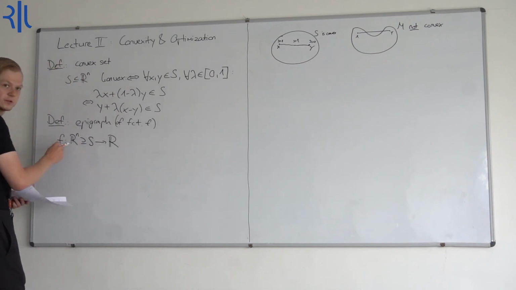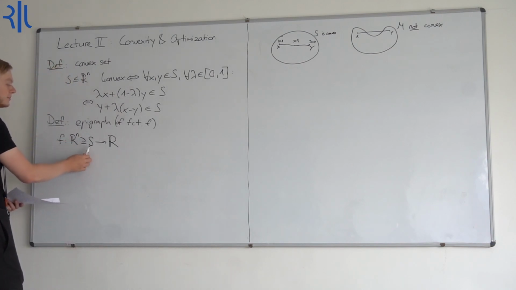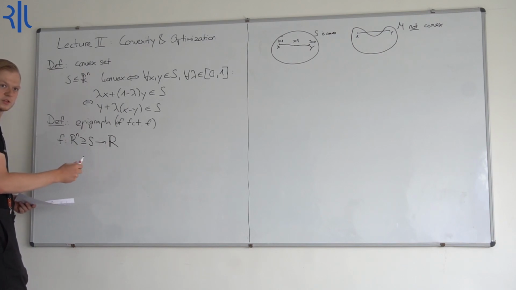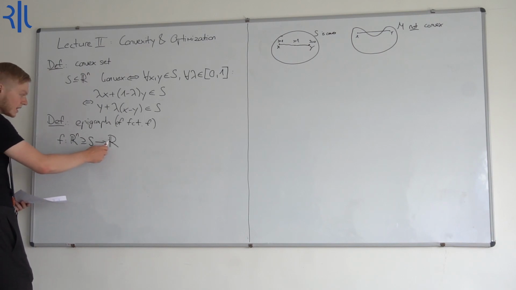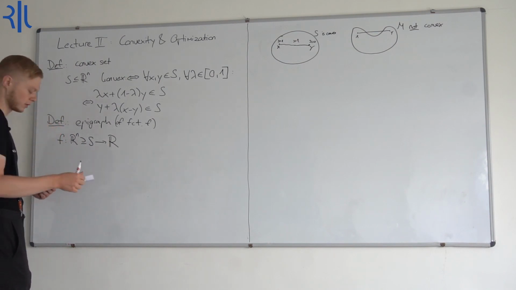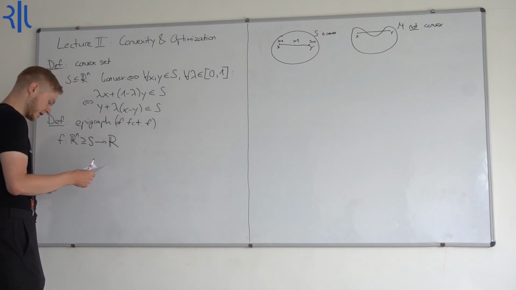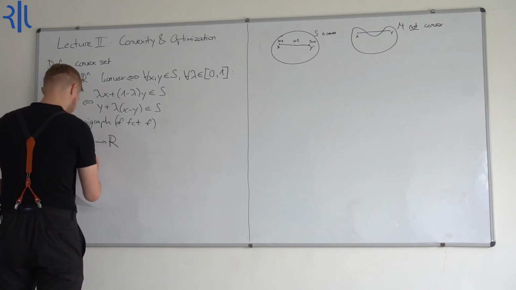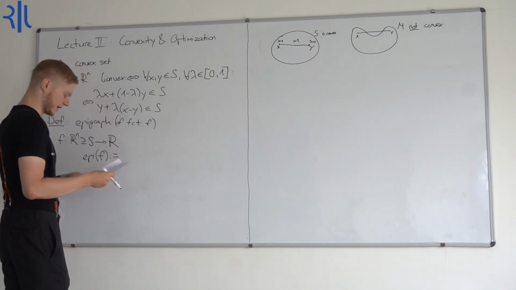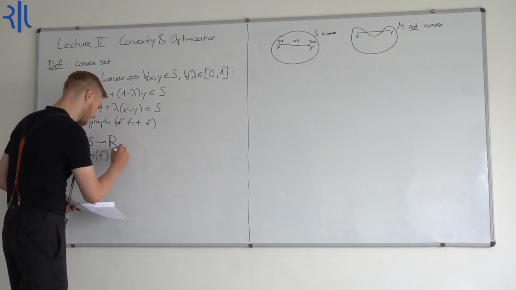So we have a function that maps a subset of the R^n into the real numbers. So it takes a vector and maps it to a real number. The function can look in any way. And then the epigraph of f is defined as follows.